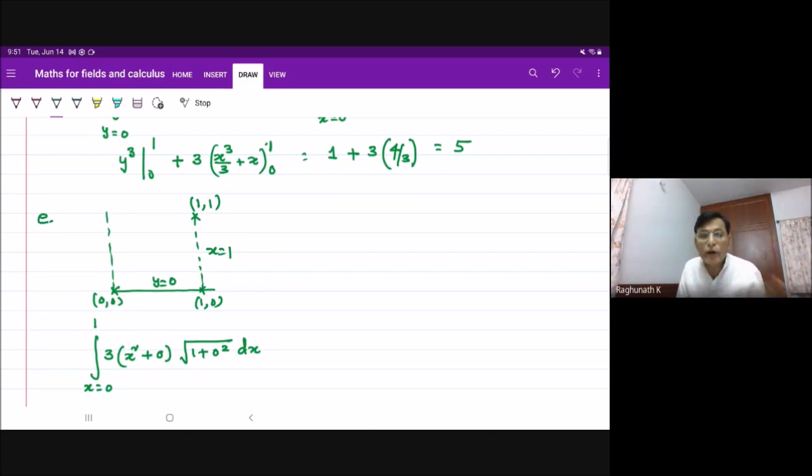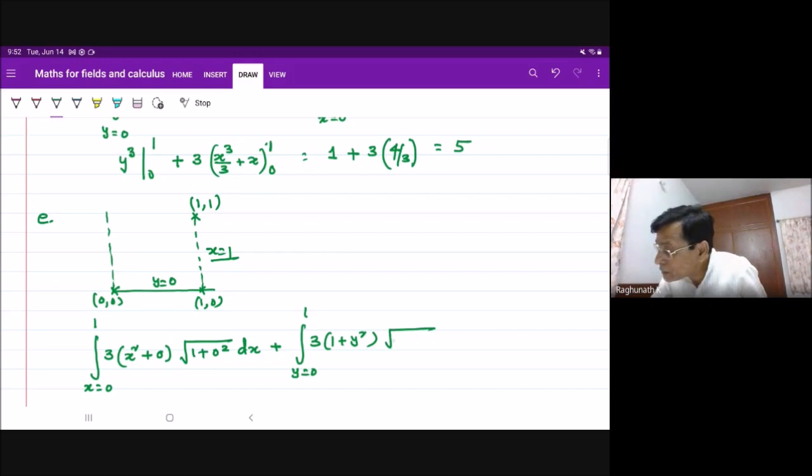Plus y is equal to 0 to 1, 3 into 1 plus y squared, x is equal to 1, x squared is 1 squared, 1 plus y squared root of again 1 plus 0 squared dy.